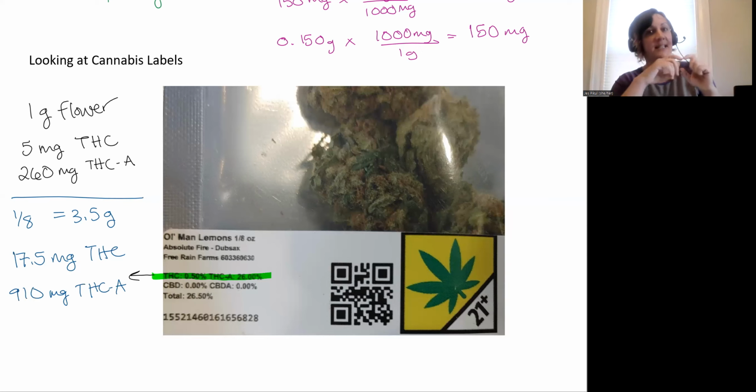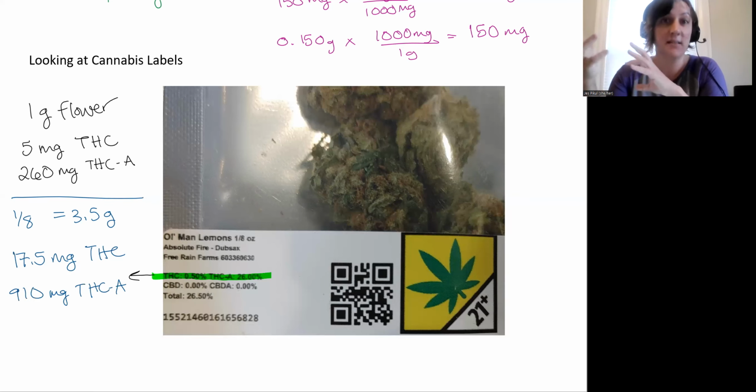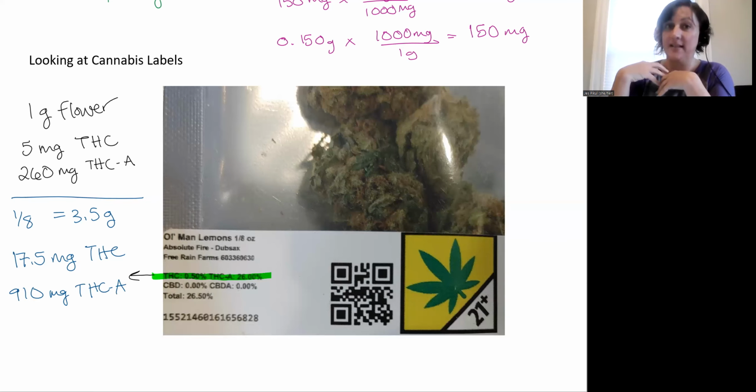And so as this is heated, it will decarboxylate the THCA and produce THC. So that amount of THCA is the maximum amount, plus the amount that's already THC, that is accessible to be ingested as THC and have a THC effect.